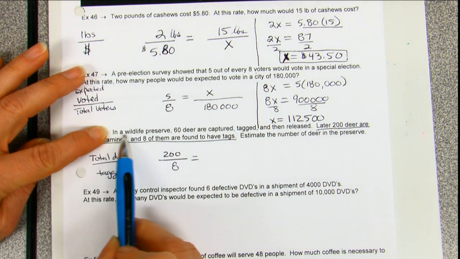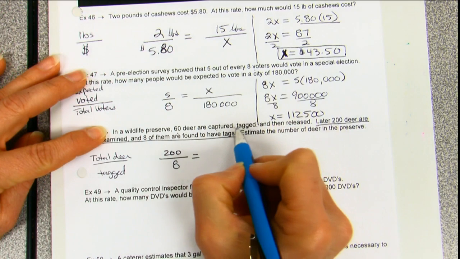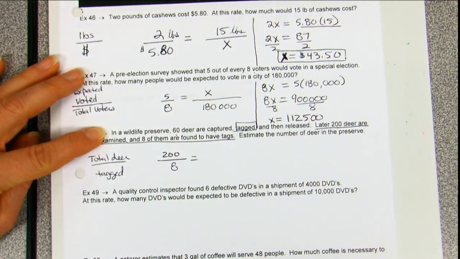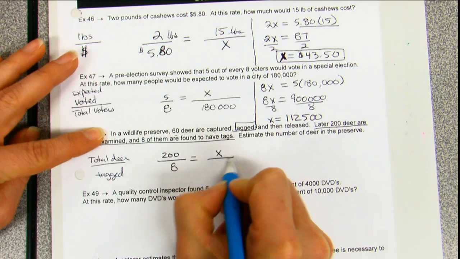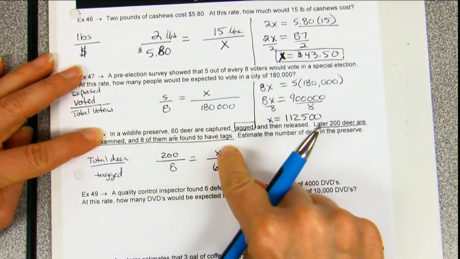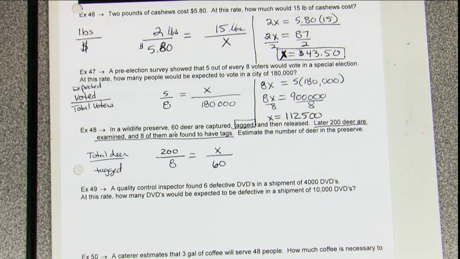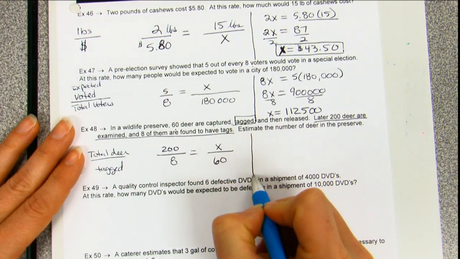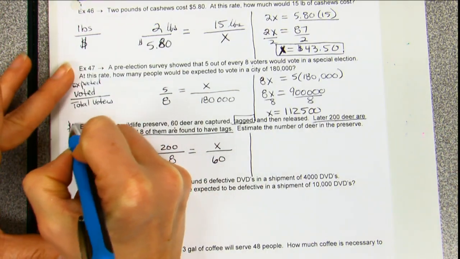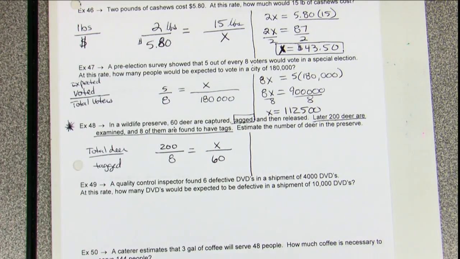Here it reads, in a wildlife preserve, 60 deer are captured, tagged, and then released. We want to know how many total deer are in the preserve. So this is what we don't know, but we knew 60 out of however many were in that preserve. We don't know how many deer are really there. So we put an X. This is the only one that's kind of read a little bit weird and different, and I'm pretty sure you have one on WebAssign that's similar.